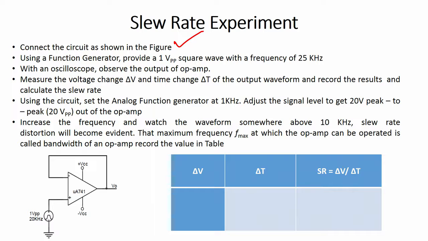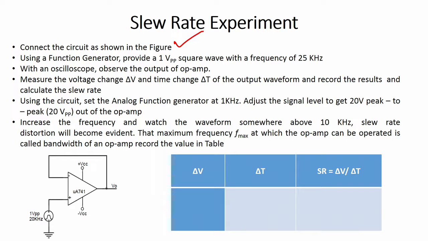Even simple things, do not try until you know. Be cautious when you use anything, because finally we are applying DC voltage and using equipment. But if you want to measure slew rate, follow these steps and you will be able to measure it. How? First, connect the circuit as shown in the figure, and use a function generator.